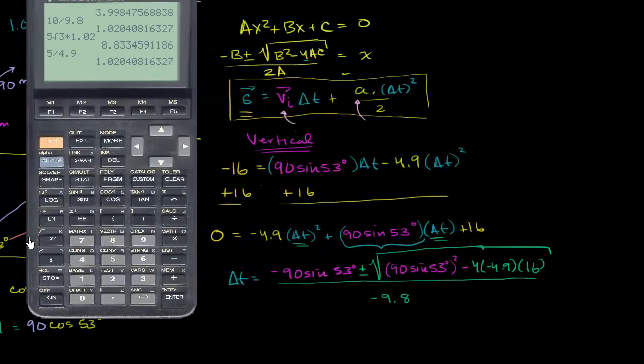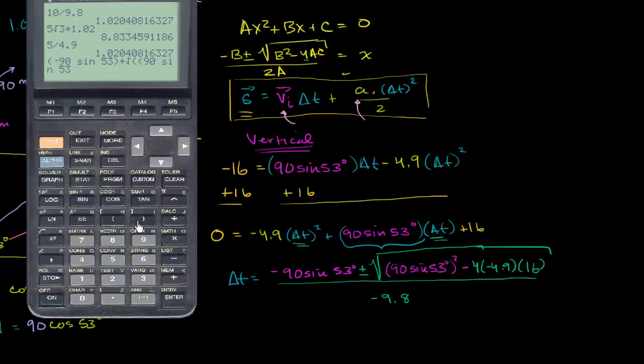So I want to do this carefully. We have negative 90 sine of 53 degrees plus, I'm doing the plus version here because that'll give us the positive value, plus the square root of, and I'll do this in parentheses, 90 sine of 53 degrees squared. That's that part right there. These two negatives cancel out.